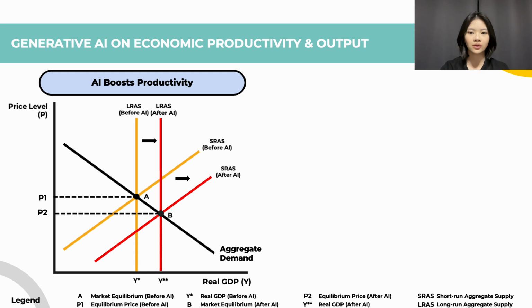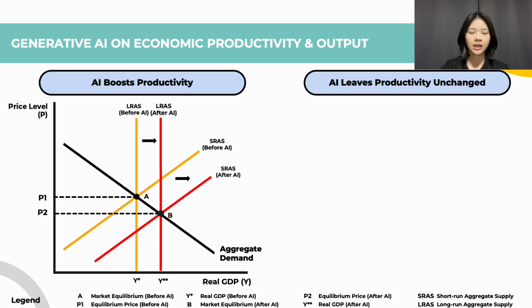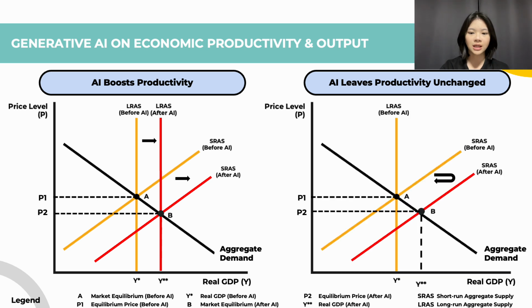When AI is introduced in a scenario where productivity is unchanged, there is a temporary increase in efficiency. This leads to a rightward shift of the SRAS curve, as businesses can now produce more in the short run at a lower price level.